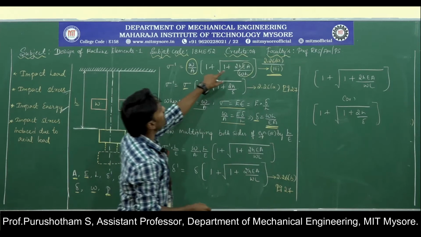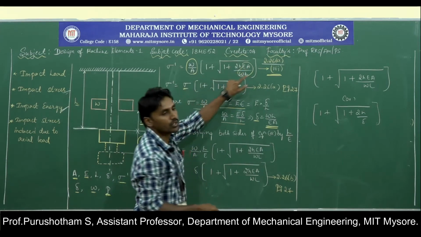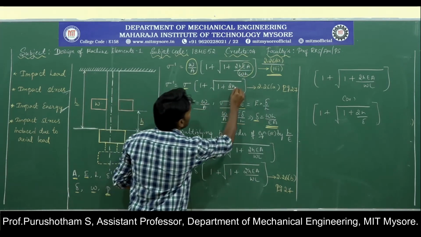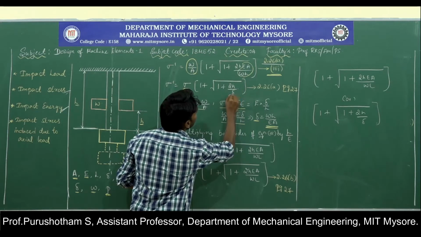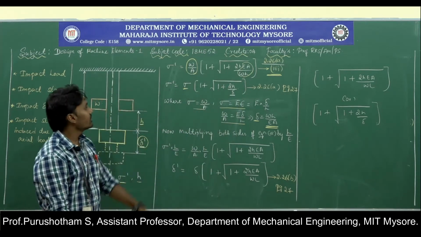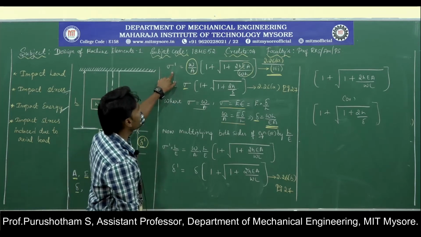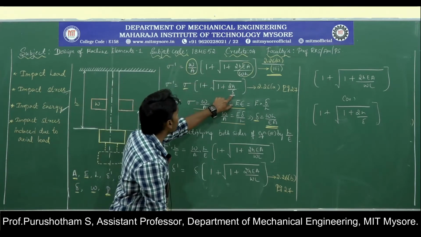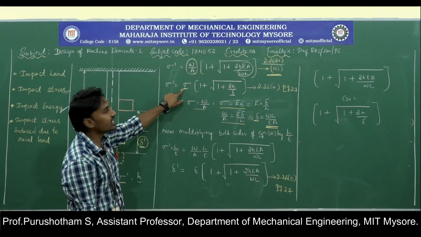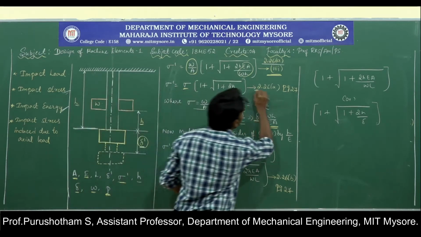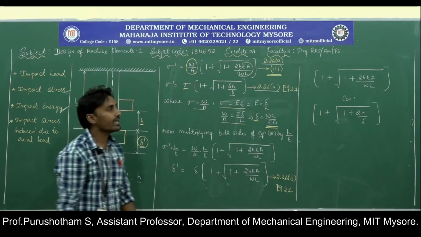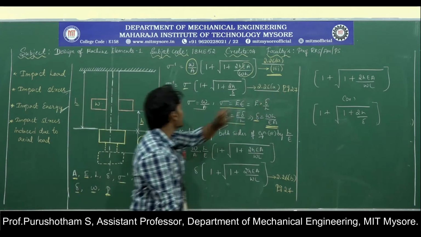But in this equation we have EA by WL, so I take 1 by delta, the reciprocal of delta. This relates the impact stress in terms of static deformation as well as static stress. This is available in the data handbook 2.26a, page number 27.